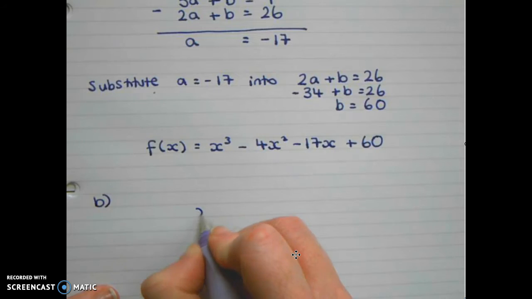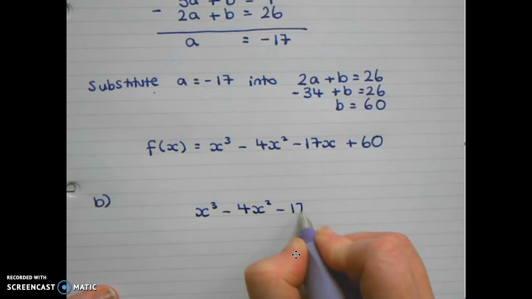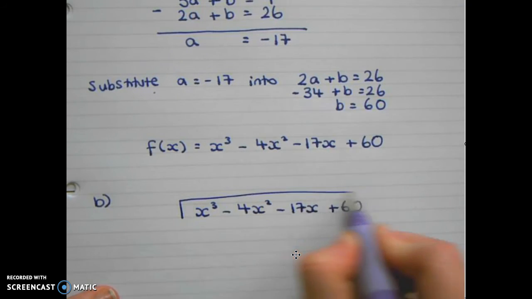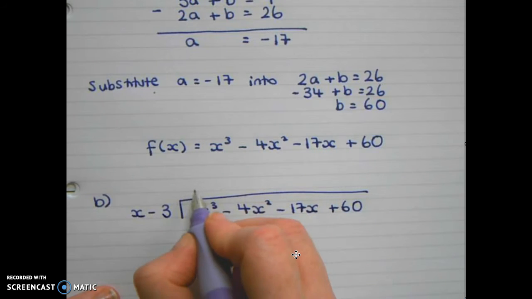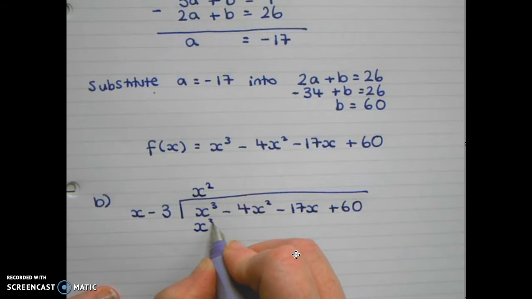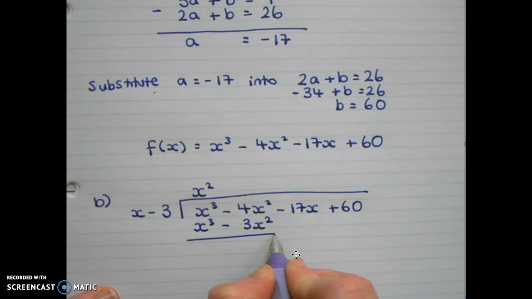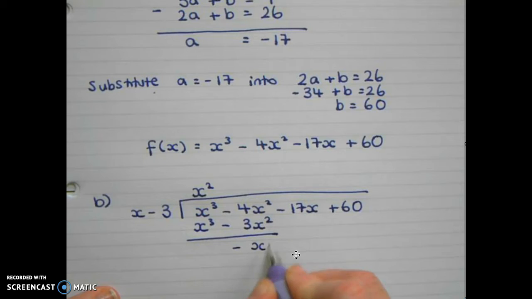So I'm going to have to divide that expression by x minus 3. What do I need to times x by to get x cubed? It's going to be an x squared. So I'm going to have x cubed minus 3x squared. If I do my subtraction, minus 4x squared, take away minus 3x squared gives us minus an x squared.